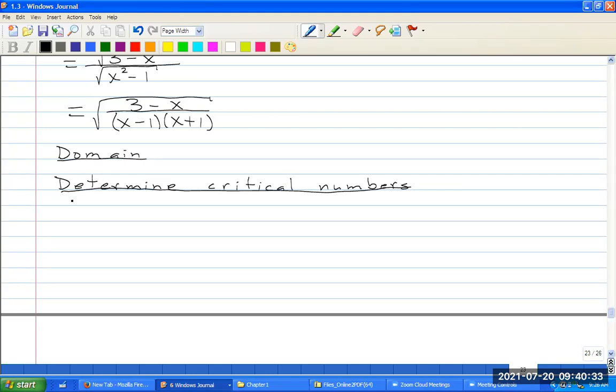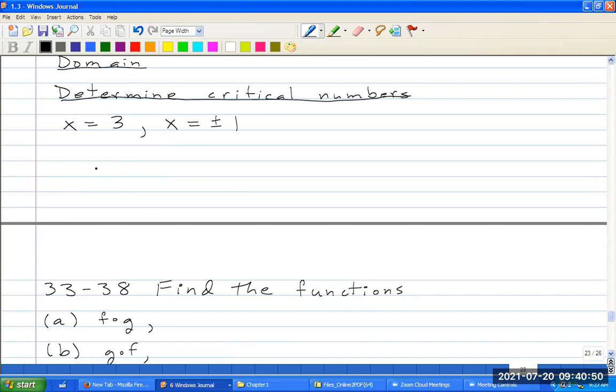And so I'll set each of these equal to 0. So 3 minus x equals 0, so x is 3, and x minus 1 is 0, x plus 1 equals 0. So x is equal to plus or minus 1. So let me place these on my number line.